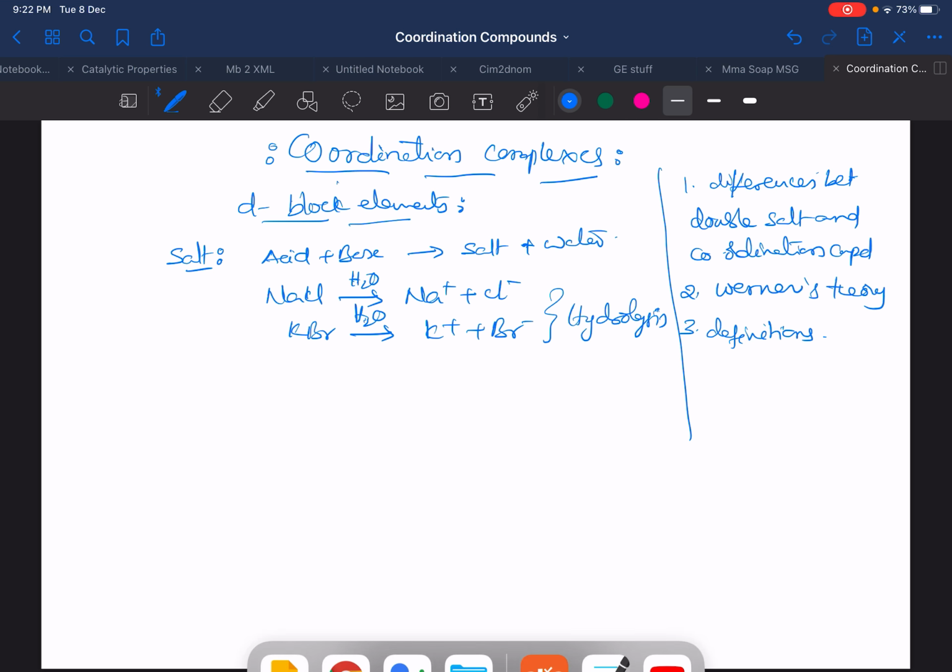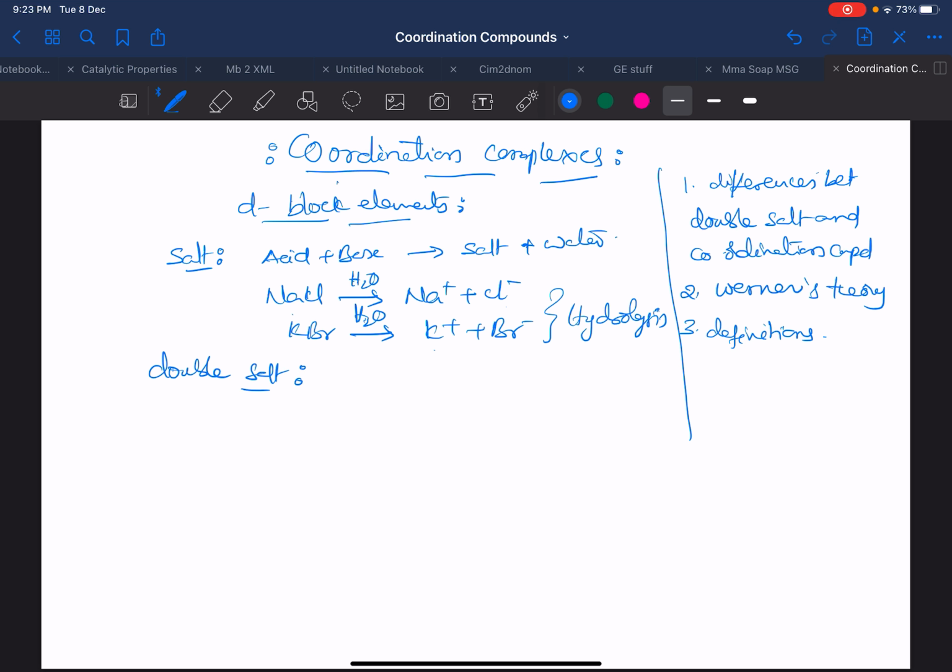And what is a double salt? These are single salts: NaCl gives only Na+ and Cl-, and KBr gives only potassium and bromide ions. A double salt is a combination of two salts. For example, KCl.MgCl2.6H2O, which is the main ore of magnesium metal.